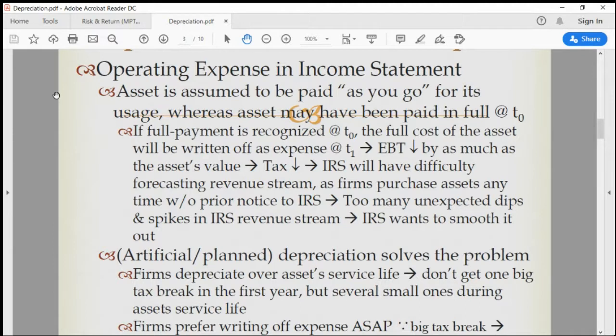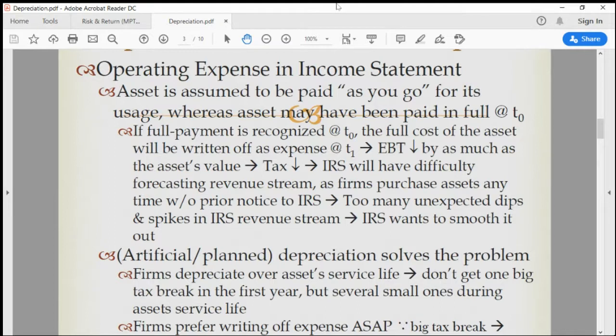So if all of the businesses in the U.S. write off these expenses in their income statements in 2020, then the actual tax revenue from 2020 will be wildly different from the IRS forecast, the revenue forecast.